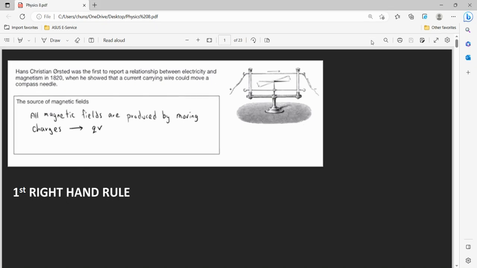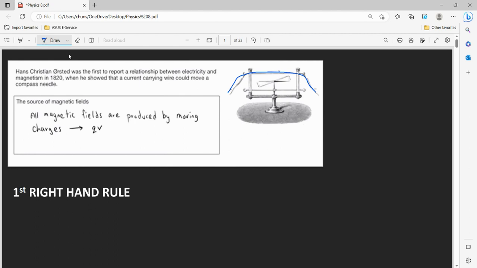This discovery was first made by Hans Ørsted, who was the first to find a relationship between electricity and magnetism in 1820. In his experiment, he had a compass and noticed that once he connected a current-carrying wire over the compass, the compass dial started to move.